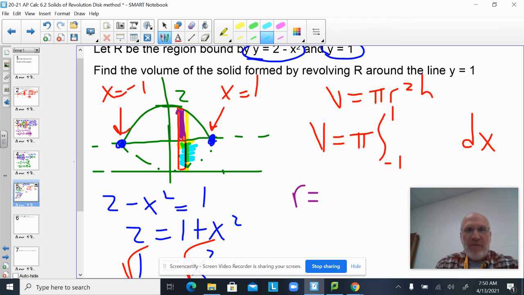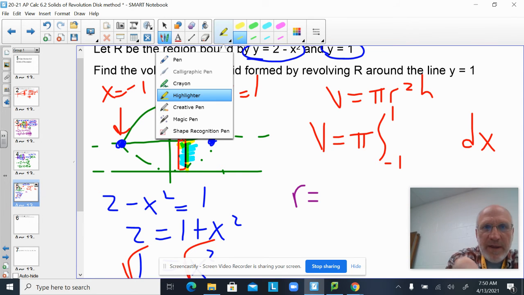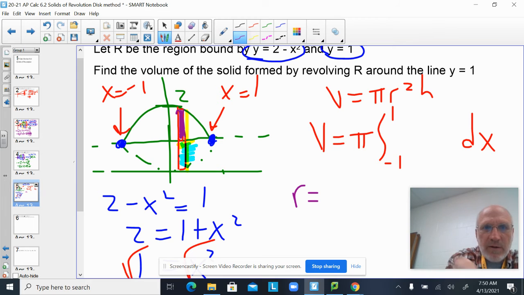For instance, if I draw a purple radius over here, what's that radius? Well, the y value of the function goes from 0 up to there, but that's 1 too big, because from 0 to 1 is not in the radius. So it's going to be the y value minus 1. So my r is the y value minus 1.